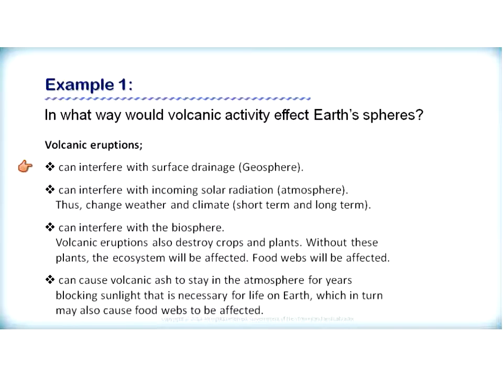volcanic eruptions can interfere with surface drainage patterns. They can block off rivers, they can interfere with lakes, and they can interfere with the water moving over your surface. You can also see volcanic eruptions can interfere with the incoming solar radiation in the atmosphere, thus changing weather and climate, with short-term and long-term changes.